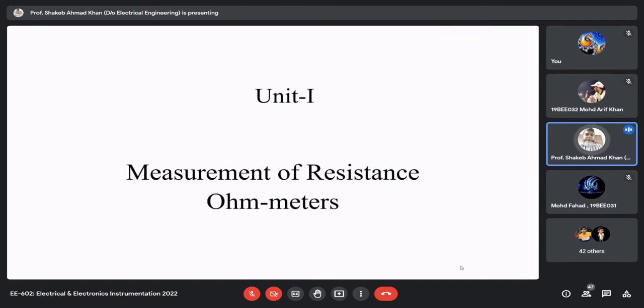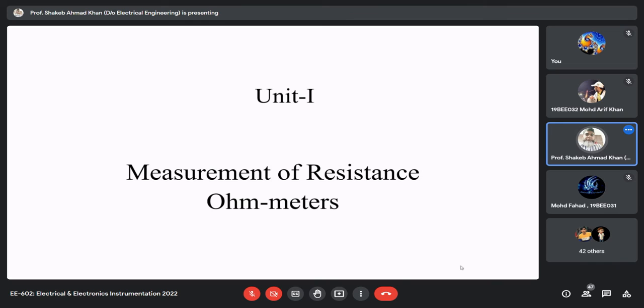The ohmmeter is a very popular method for measurement of resistance because it is a direct reading type. It is not like any other method where you have to make certain calculations and then find the resistance value.